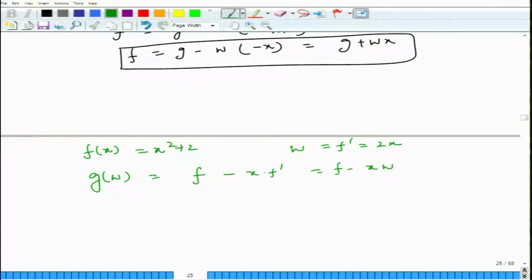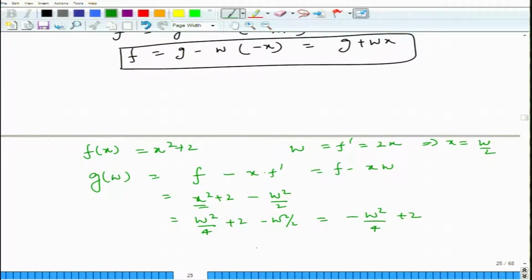Now, f is x square plus 2 minus x, where x is w by 2. So, we are going to write w square by 2, and this is going to be w square by 4 plus 2 minus w square by 2. This is nothing but minus w square by 4 plus 2.